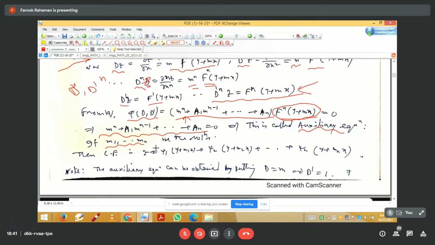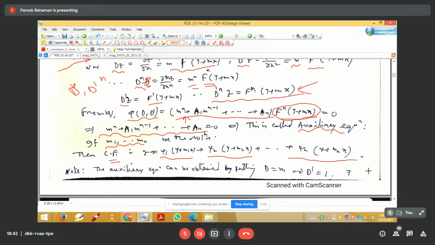So the CF in our case will be z equal to a function of y plus m1x, and if we choose the other solution of this auxiliary equation, m2, then psi 2 of y plus m2x, and so on.